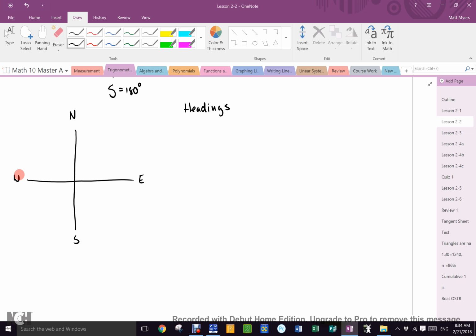And here's how we write it. We write it as direction, then an angle, then a direction. And here is what I mean by that. If I said I am going north, 60 east.